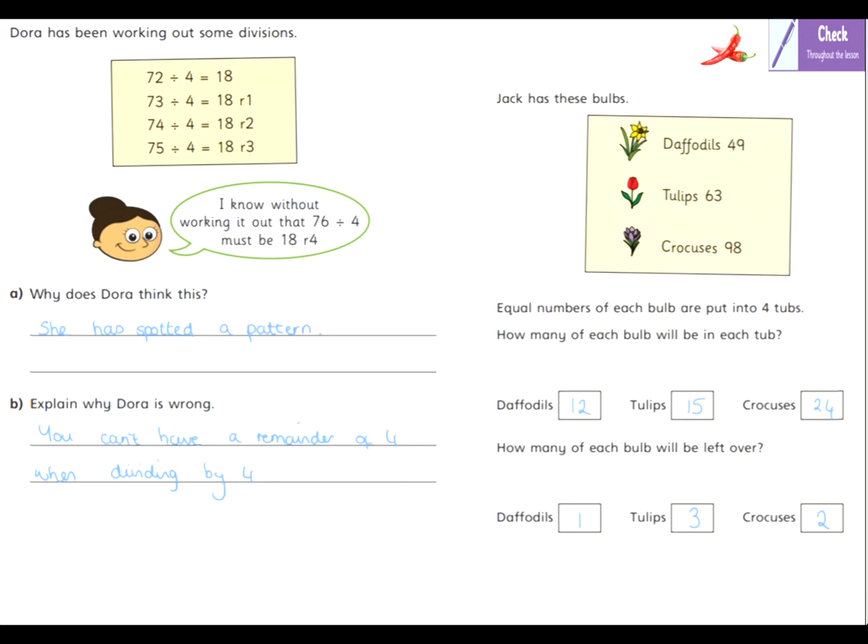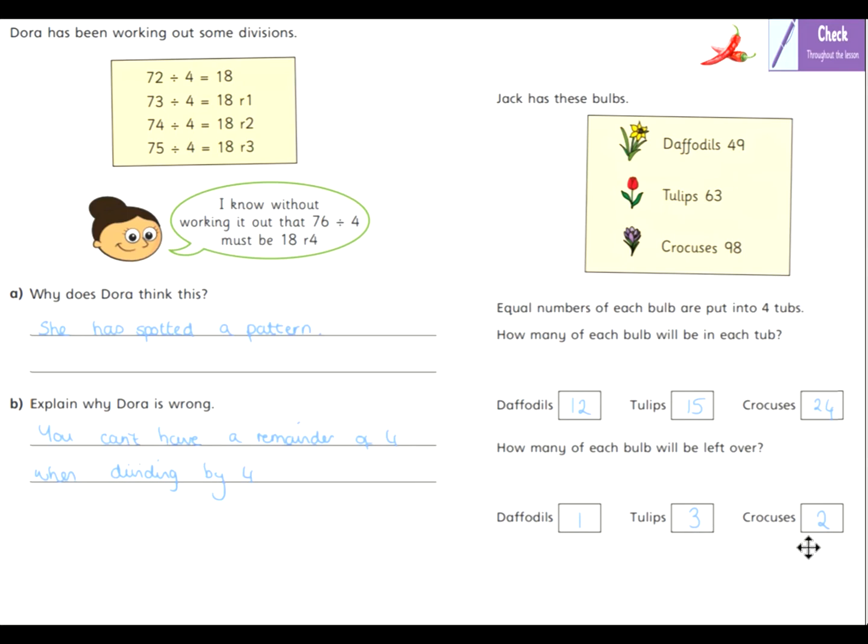And here are the answers to sheet 2. Why does Dora think this? She has spotted a pattern. Explain why Dora is wrong. You can't have a remainder of 4 when dividing by 4 because the remainder always has to be lower than what you're dividing by. And then daffodils, 12, 15 tulips, and 24 crocuses. And here is how many of each bulb will be left over.